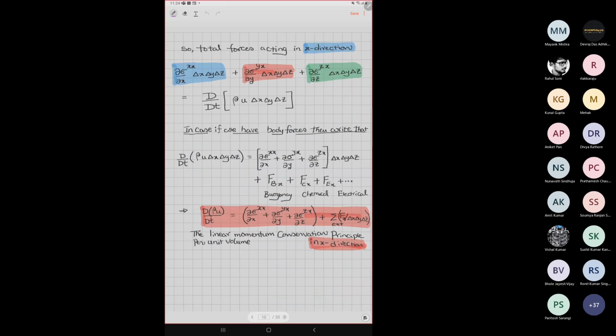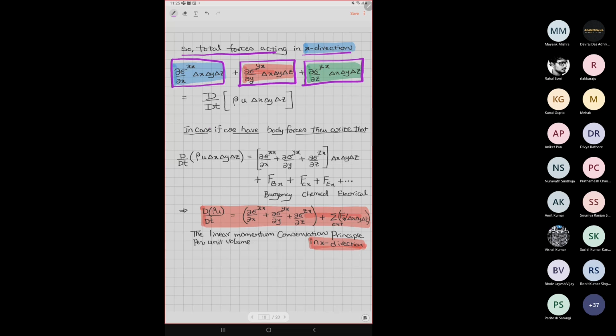So go to next. The total surface forces acting in the x direction are del sigma xx by del x multiplied by delta x delta y delta z, del sigma yx by del y multiplied by delta x delta y delta z, del sigma zx by del z multiplied by delta x delta y delta z.